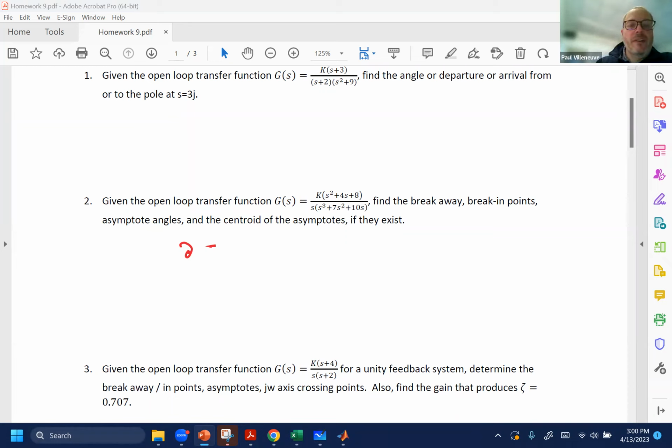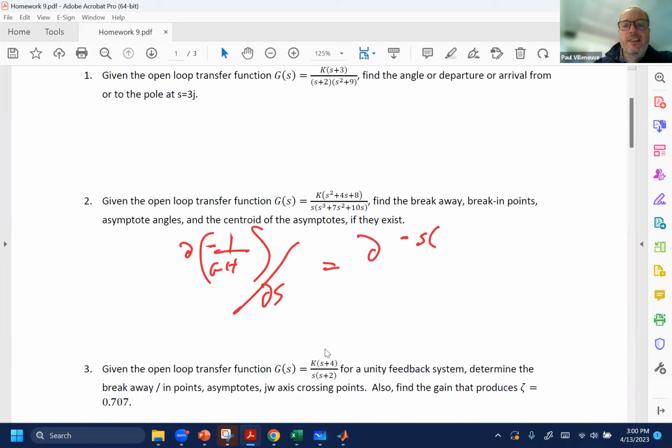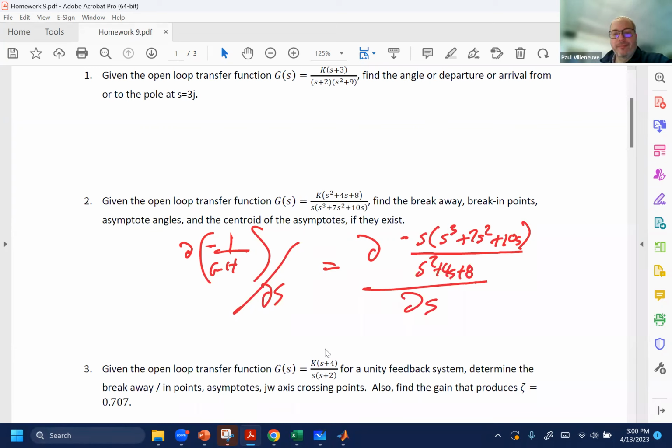You can take the partial derivative of -1 over GH with respect to S. So take the partial of minus S times S cubed plus 7S squared plus 10S all over K. Oops, now I got to get the K out of there, sorry. All over this S squared plus 4S plus 8. Do you know how to do that? That's exactly where I was stuck.